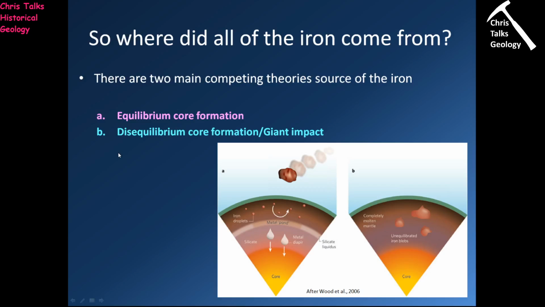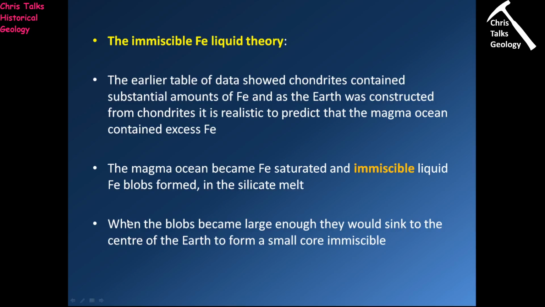Well, we have a couple of models. We have what's referred to as the equilibrium core formation model and the disequilibrium core formation model, also sometimes referred to as the giant impact model. Okay, so let's think about the equilibrium model. The situation is as we've just described.